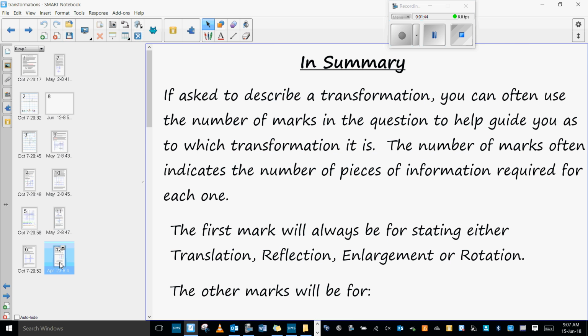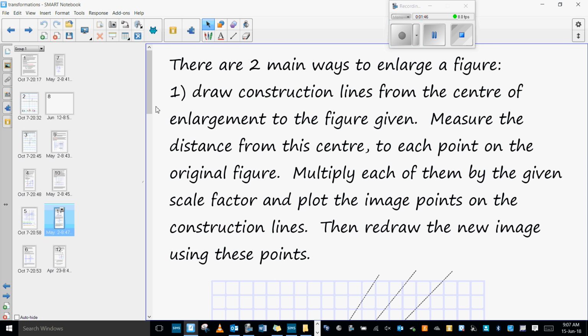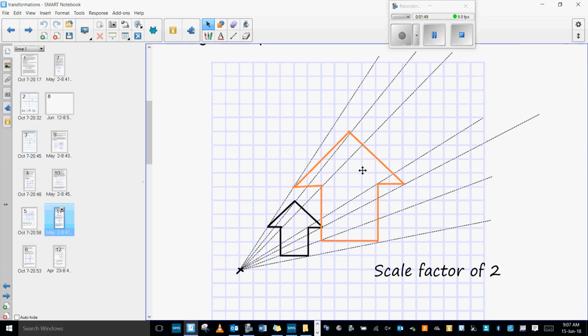Now, some questions will give you both original and image, and ask you where the center of enlargement was. To find the center of enlargement, you would just need to join up your corresponding points.